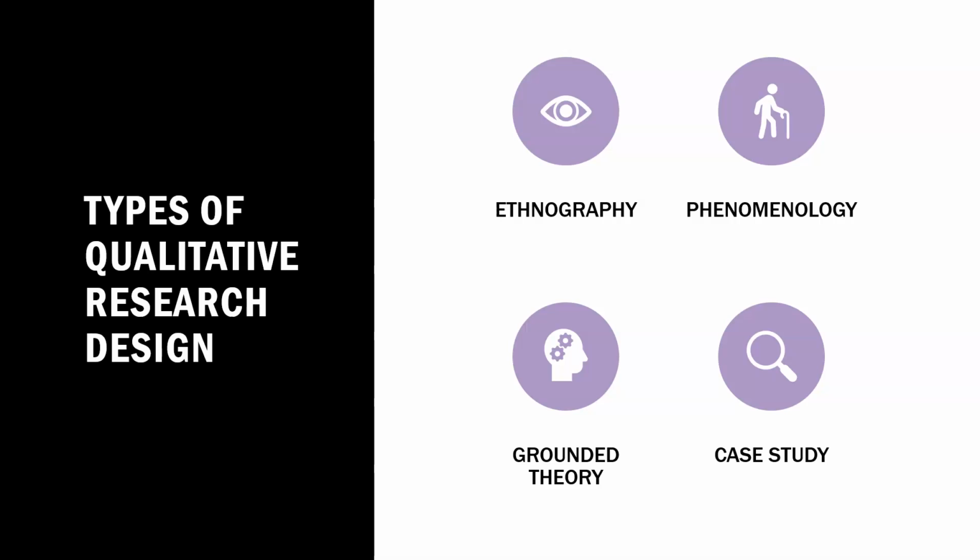A qualitative research design is probably the most flexible of the various experimental techniques, encompassing a variety of accepted methods and structures. Here, four of the major qualitative research designs, namely ethnography, phenomenology, grounded theory, and case study, are discussed.